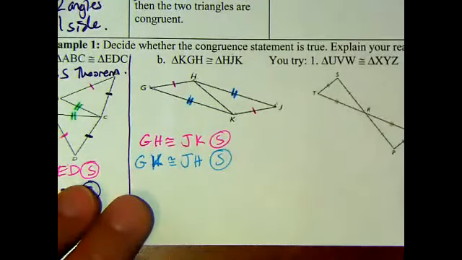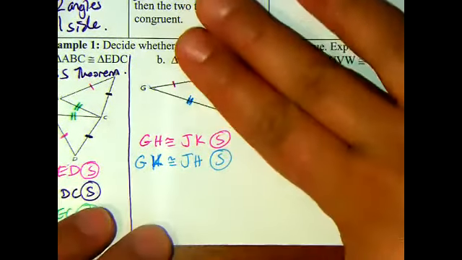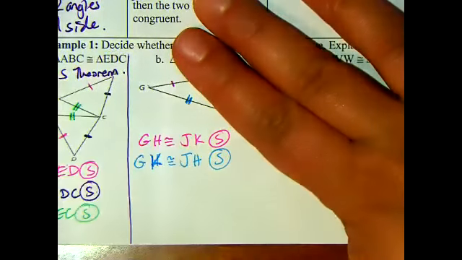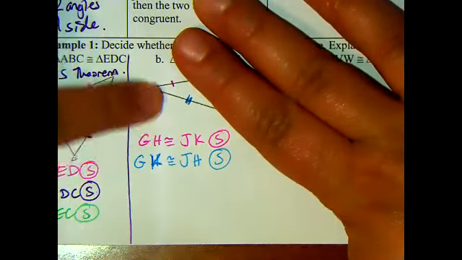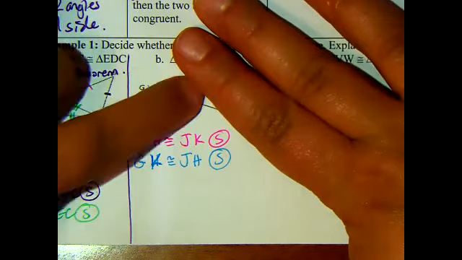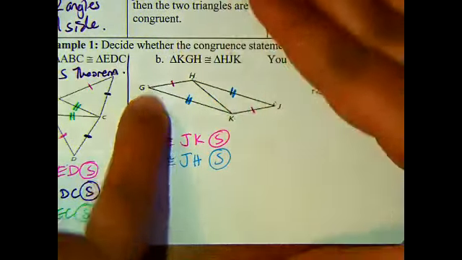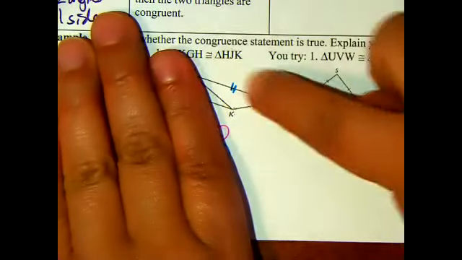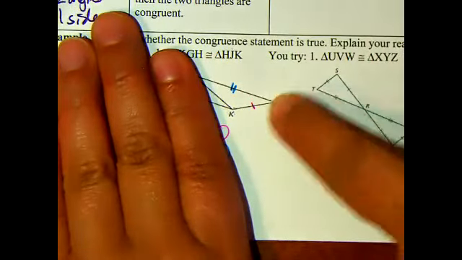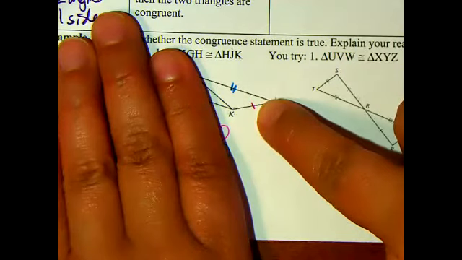So if I take a look at my triangles, if I'm looking at just this triangle with the two sides here, I have to show that angle G, because it's the included angle between my two sides, is congruent to the included angle between these two sides, which is angle J.